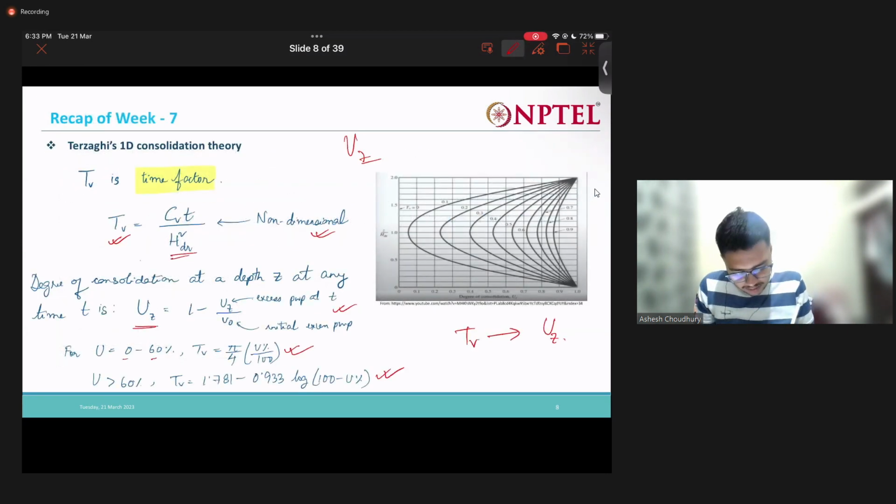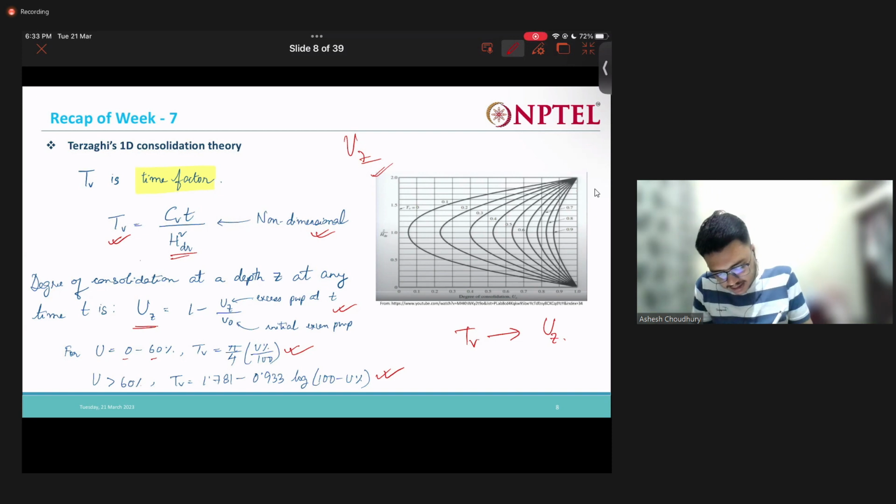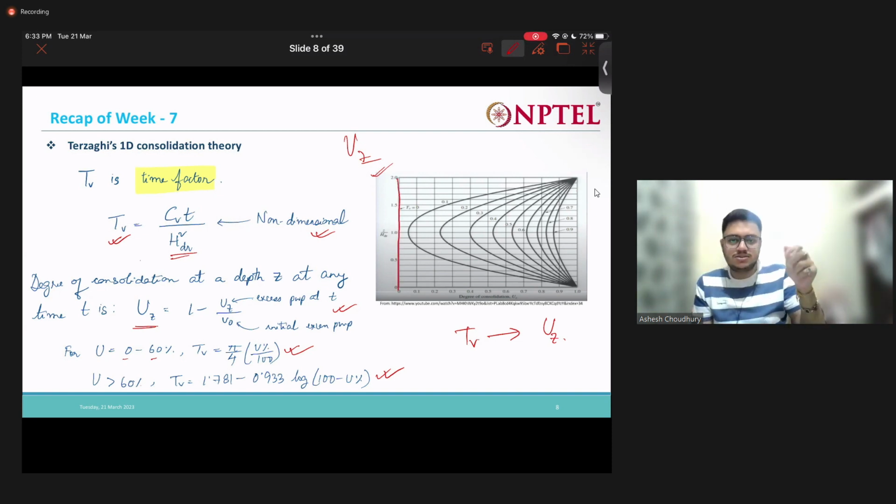Now let us see this graph a little bit. On this side it's the depth z by Hdr, plotted in a non-dimensional form, going from 0 to 2, and in this direction we have the degree of consolidation.